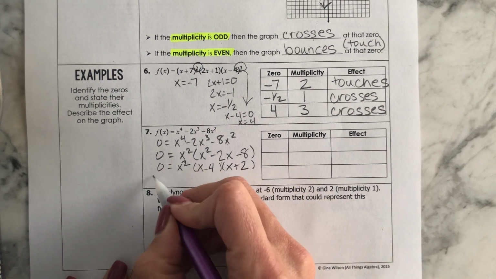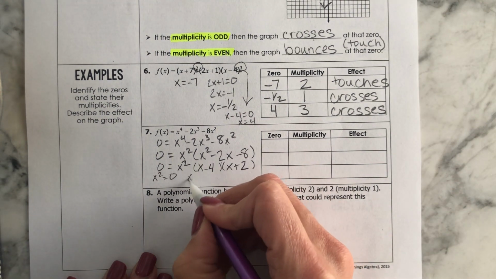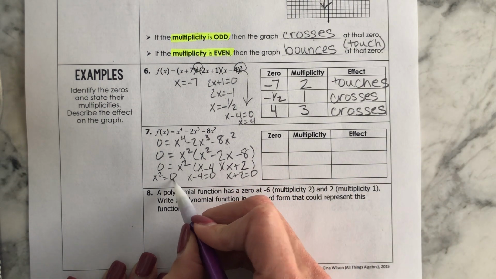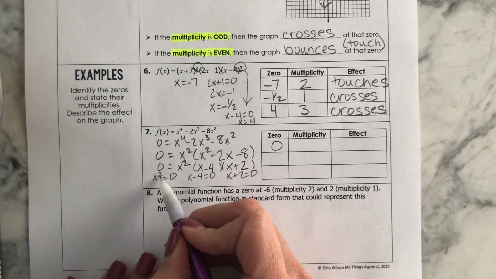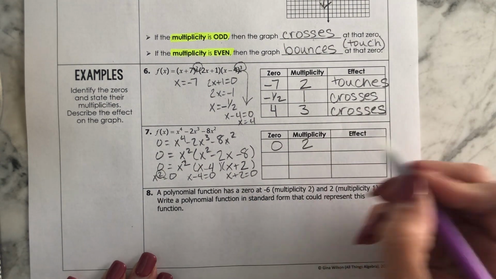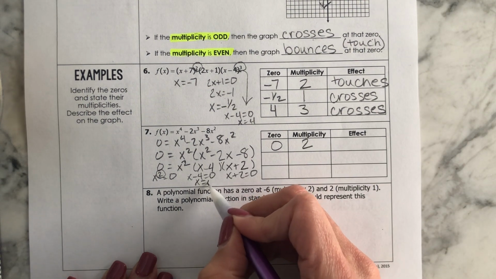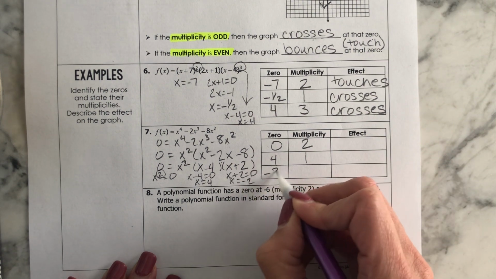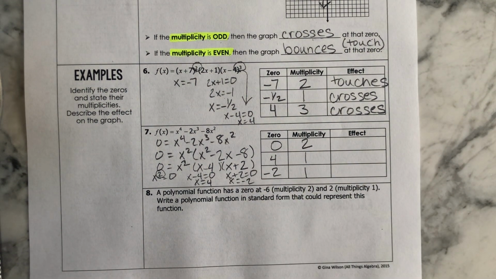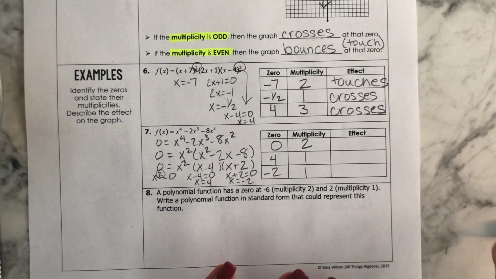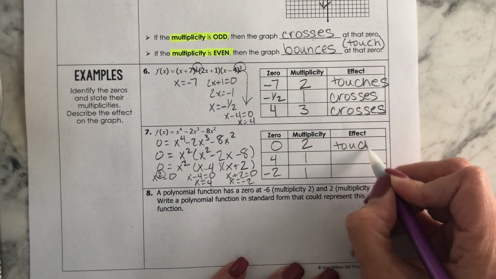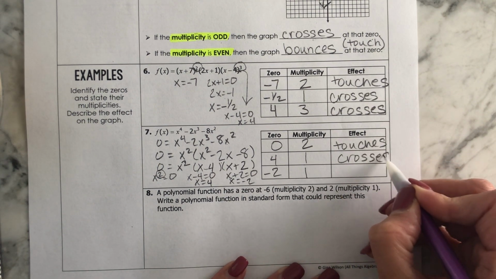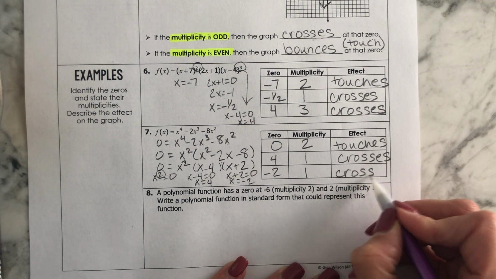So I have x squared equals 0, x minus 4 equals 0, and x plus 2 equals 0. So my first 0 is 0, and that occurs twice, multiplicity of 2. And then this one would be x equals 4, multiplicity of 1. And this one would be x equals -2, also a multiplicity of 1. So the even touches, and then the odd crosses, passes through that axis at that point.